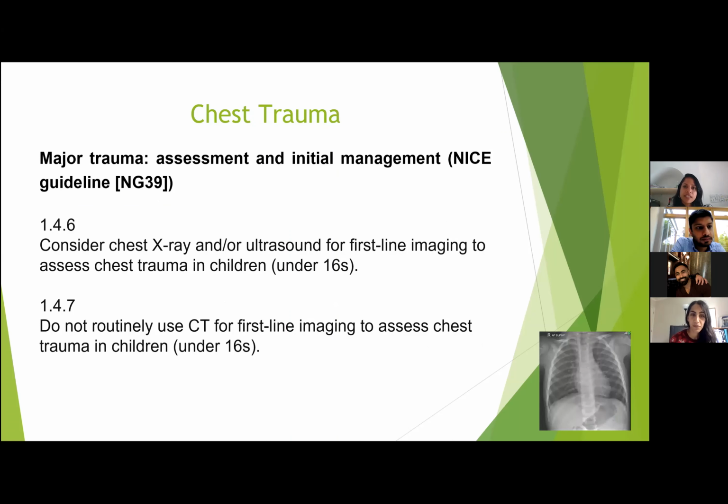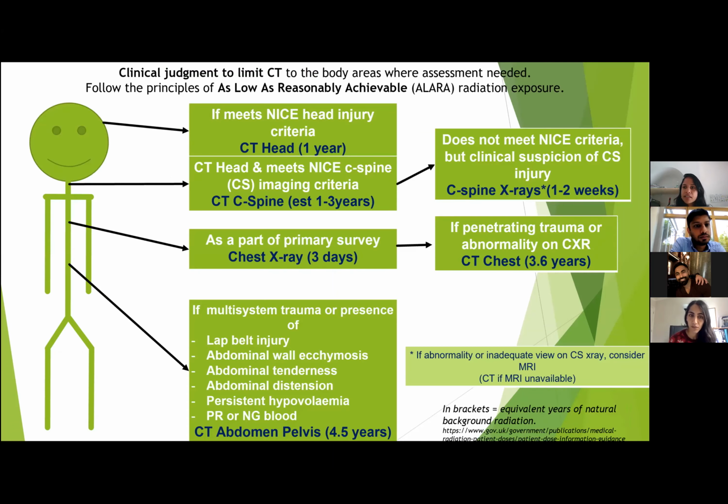This is just lifted from the NICE guidelines about using a chest X-ray as first line and not using CT. I hope you can see this, but this is the TEMPO guidelines, the East of England Network trauma guidelines. They have developed this little stick man, and it's just a reminder of when to use CT. It signposts you to different guidance.